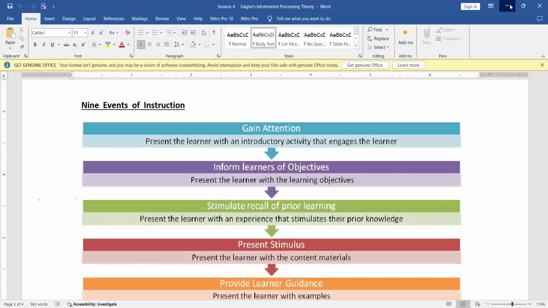And now here I'm going to show you the information processing theory. Let's see this research paper.